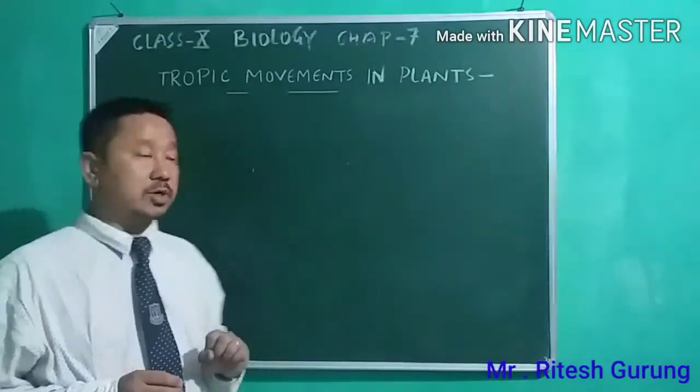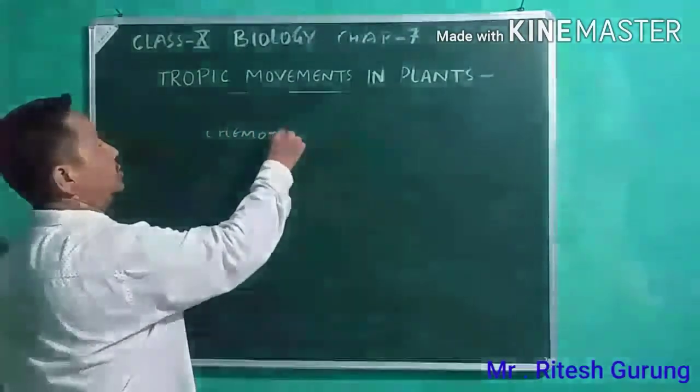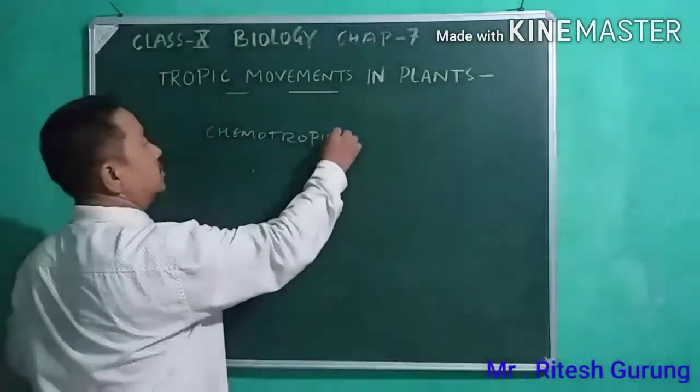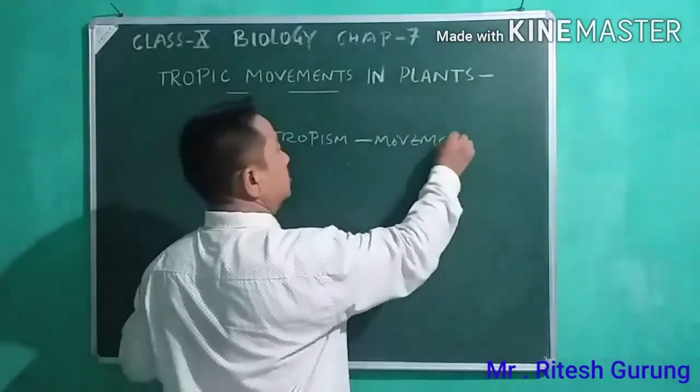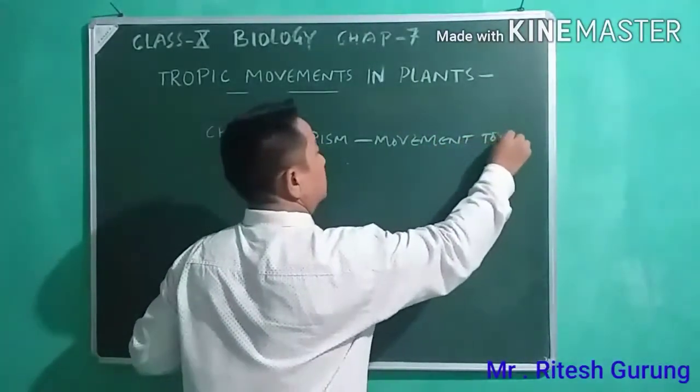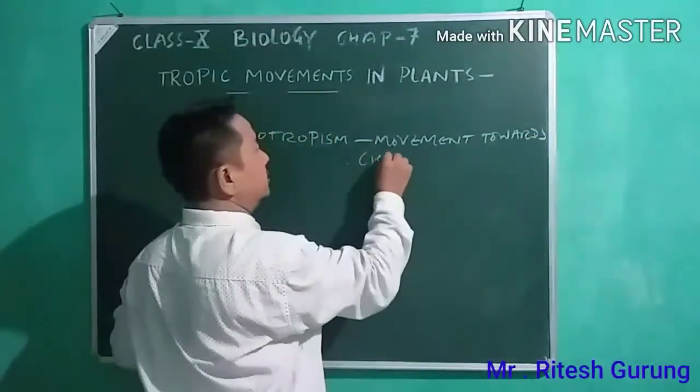Now the last tropic movement we have is Chemotropism. Chemotropism means movement towards chemicals.